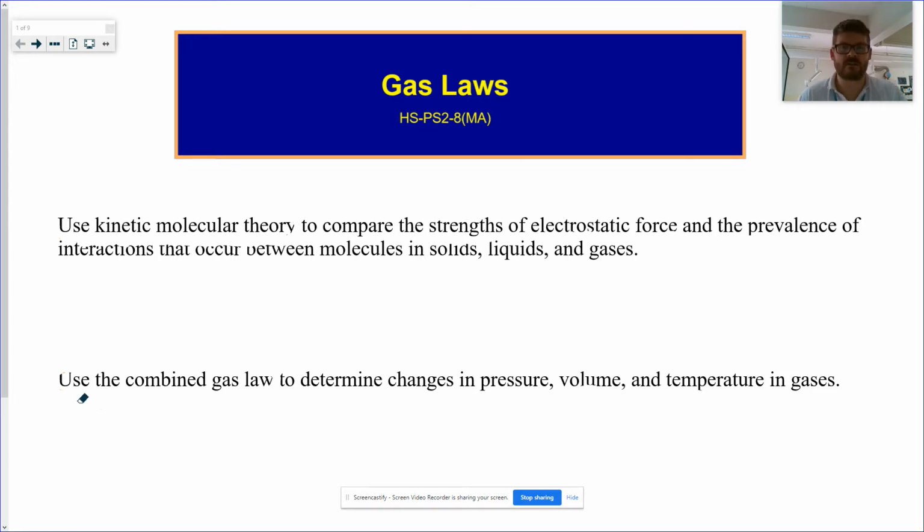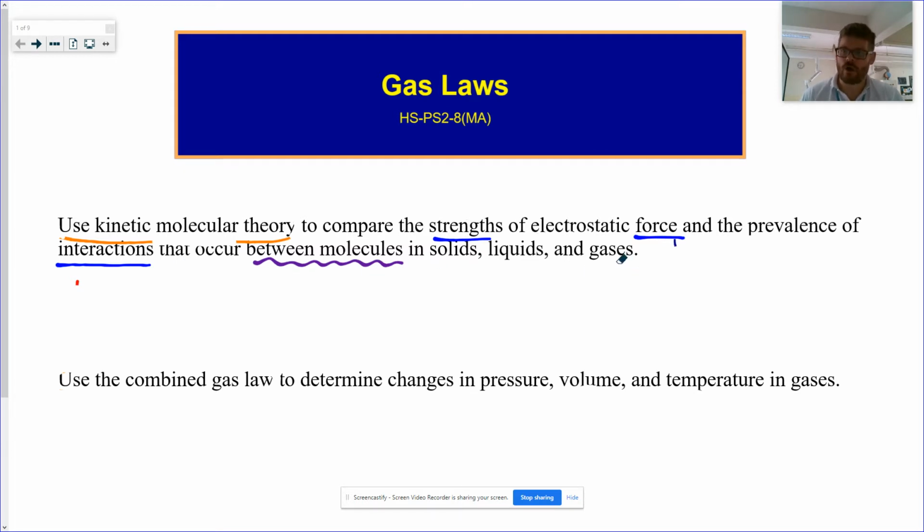So what is it that these standards really mean? What are we asking you to do? In this first one, we're going to compare the strength of force and interactions that occur between molecules in solids, liquids, and gases.